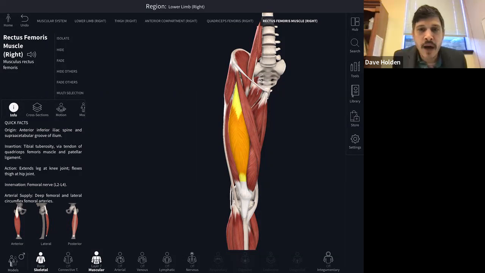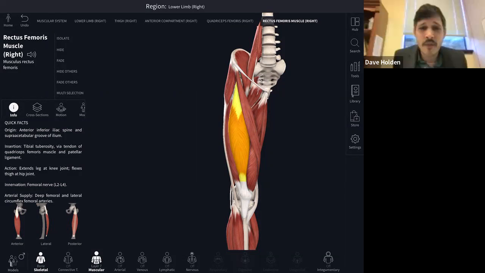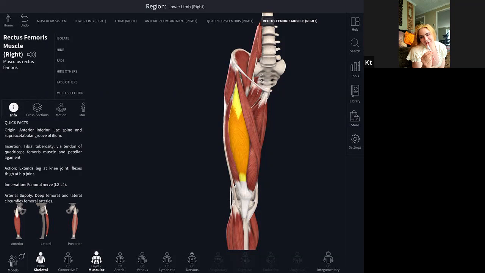Please clarify, what is a box jump? Really? Do you think I play sports? Yes. No. What is a box jump? Is that when you jump onto the stack of boxes? Yeah, it's like plyometrics, basically.